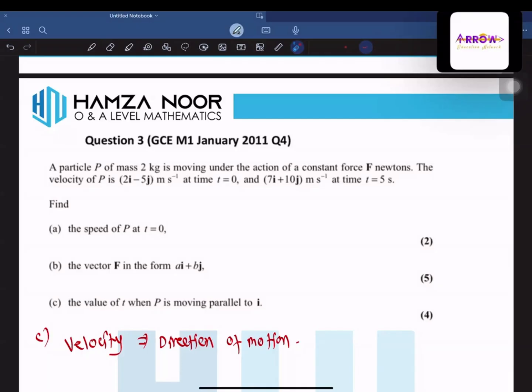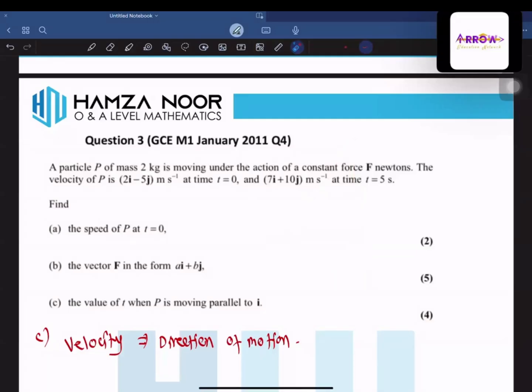The velocity is variable here because acceleration is constant. So when t equals 0, the initial velocity vector is 2I minus 5j. When t equals 5 seconds, it is 7I plus 10j. So the velocity vector is changing over the period of time.